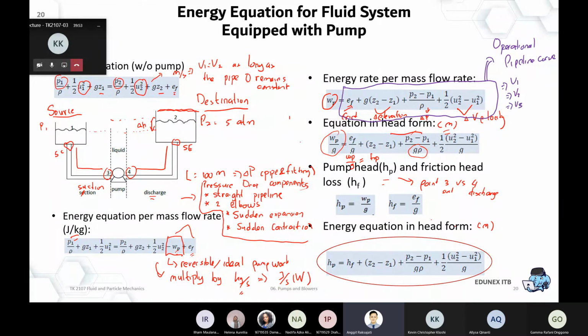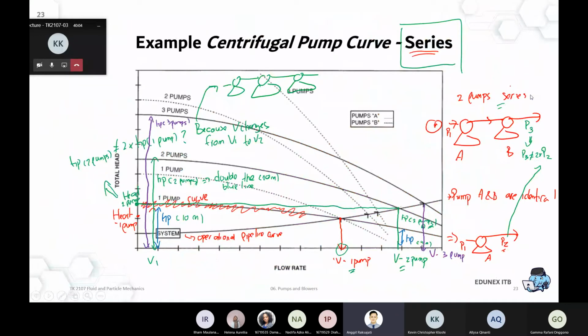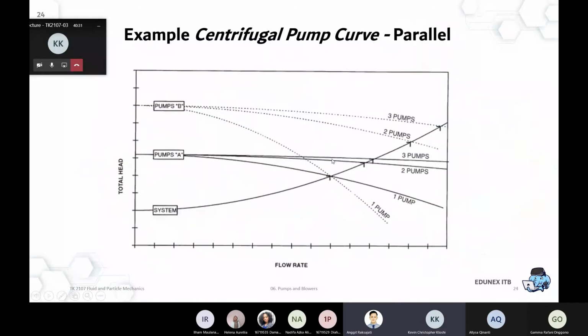Of course, it will give you a higher pressure drop when you flow a higher amount of fluid. This is the case where it's not controlled by a certain regulator or a control valve. You just flow it naturally. The operational pipeline curve will be the resultant of the delta P in the pipeline, delta P in the source versus the destination, and the delta elevation. Okay, sir. Thank you very much, sir.